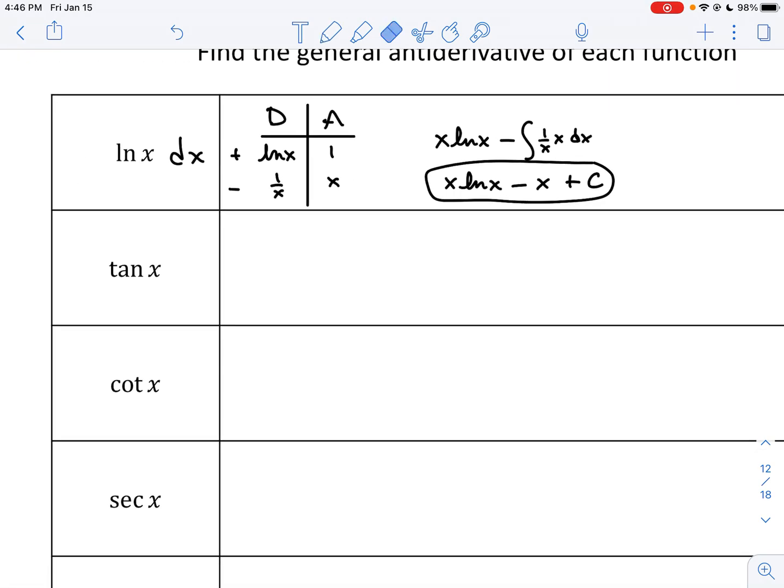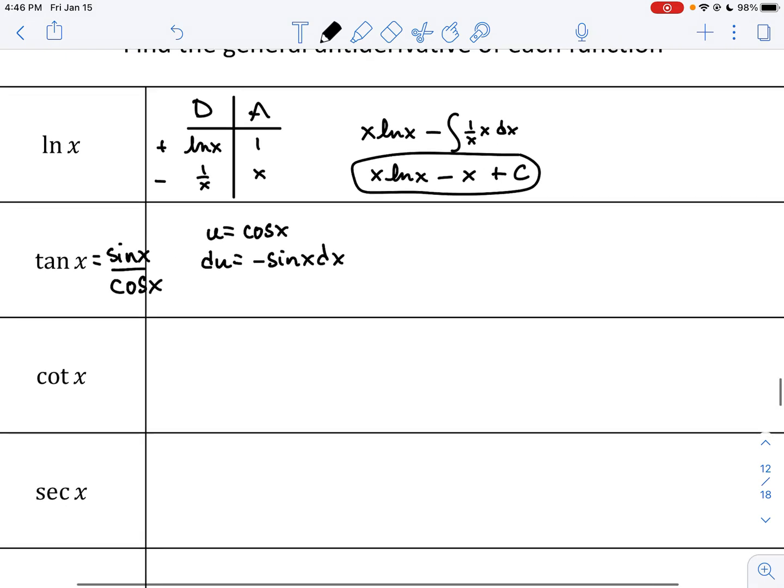For tangent of x, let me go ahead and just get rid of that stuff. For tangent of x, you want to think of it as sine over cosine. Tangent of x is sine of x over cosine of x, and then you let u be the denominator. So the derivative of that will be negative sine of x dx.